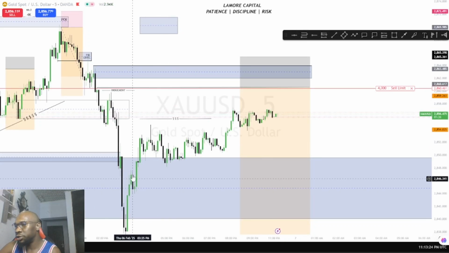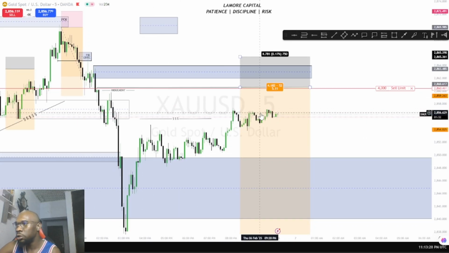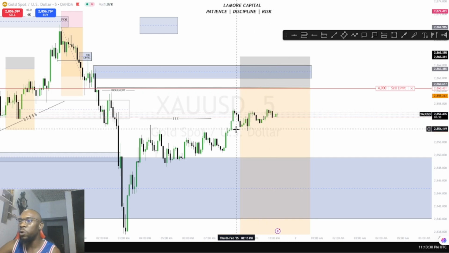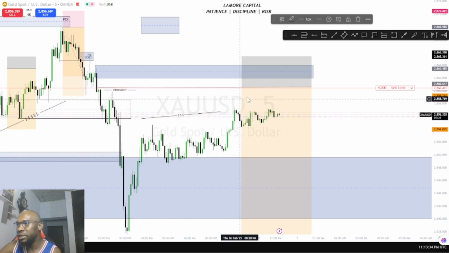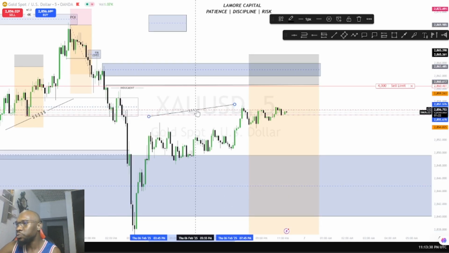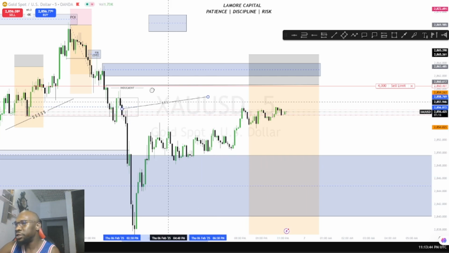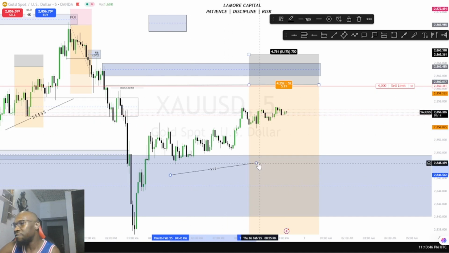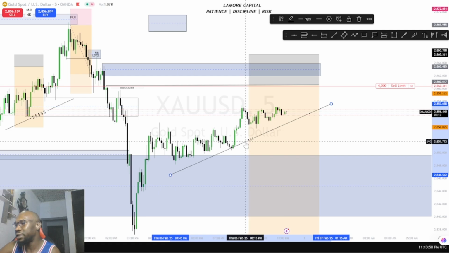And you see, inducement, consolidation to your point of interest. Now, where is your liquidity? This is my inducement. Where is my liquidity now? My liquidity is all lying around here. There is a lot of liquidity here, and you see it's taking the inducement out, and I have a lot of liquidity that the market will want to come and clear out here.